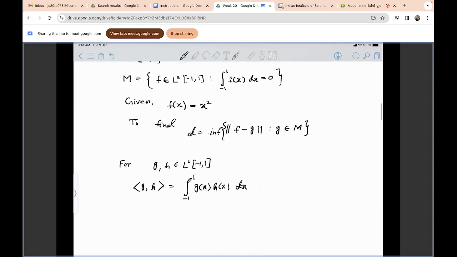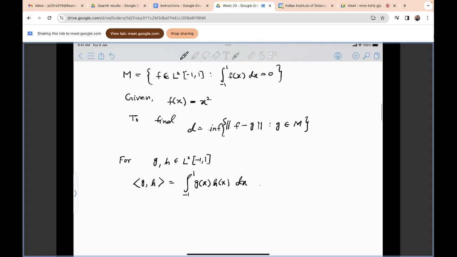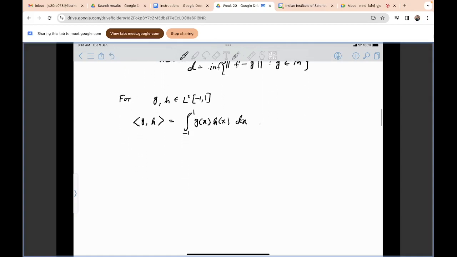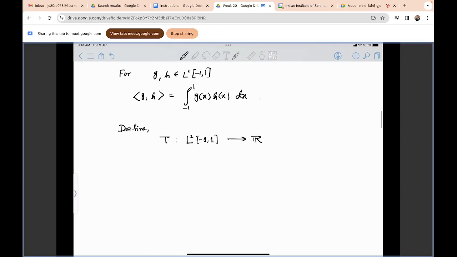Now M we can view as the kernel of some linear functional. So let's define a functional T from L2 of minus 1 comma 1 to R. How is it defined? T of g is the integral from minus 1 to 1 of gx dx.